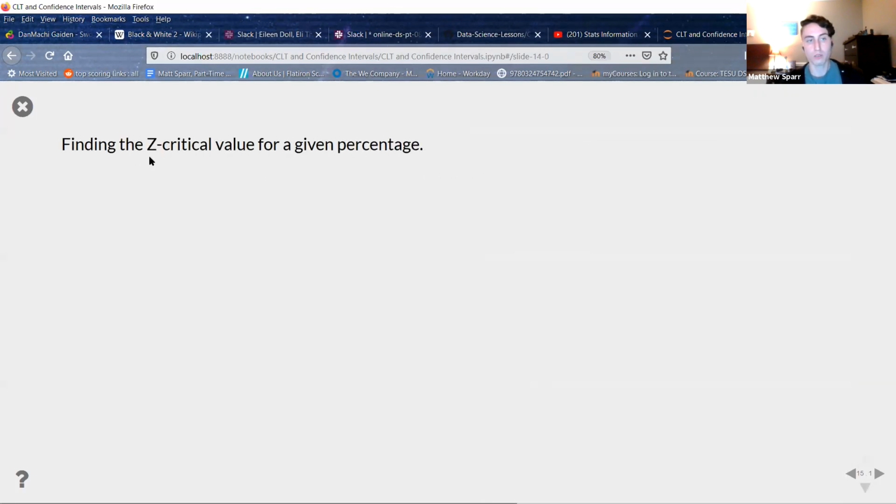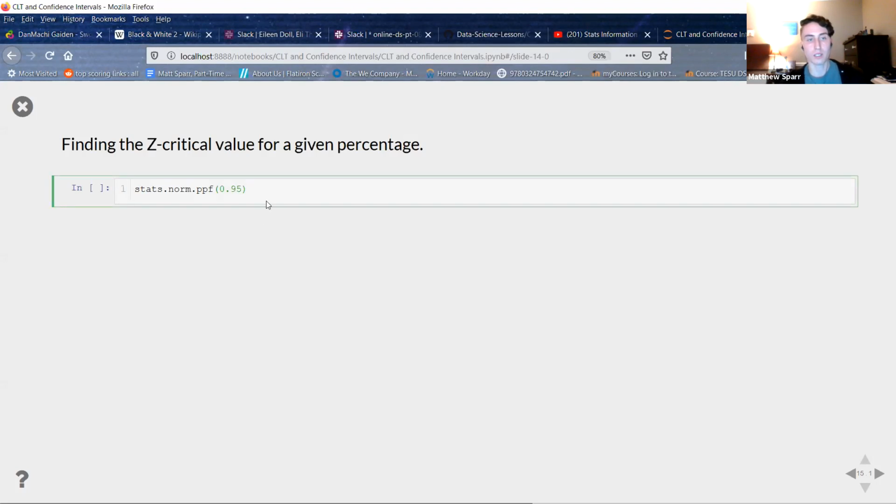First we have to find what's known as the Z critical value for the given confidence level. In this case, say we wanted to find it for a 95% confidence interval. You use stats.norm, and then PPF is basically the inverse of CDF.